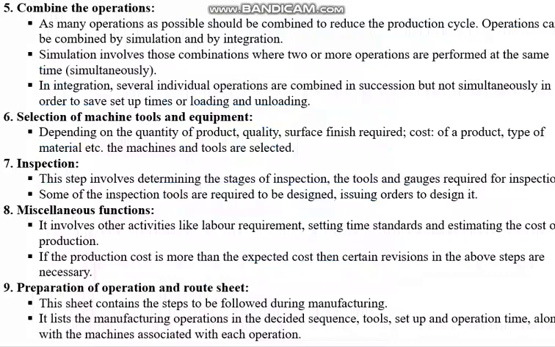We need to try to combine activities so that the cycle time for producing the part should be reduced. They are saying you can do it in two different ways, simulation and integration.